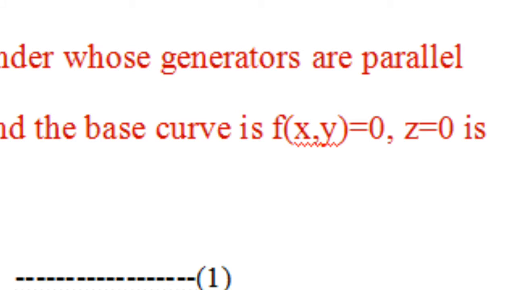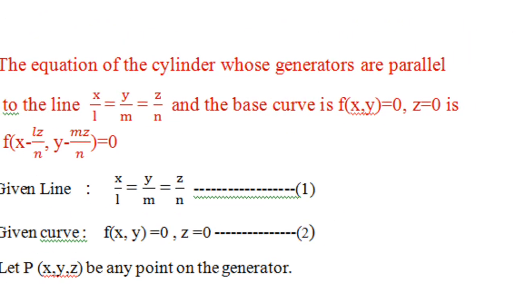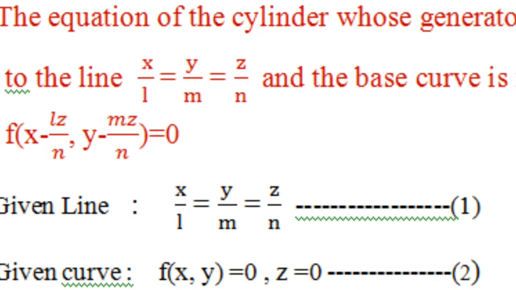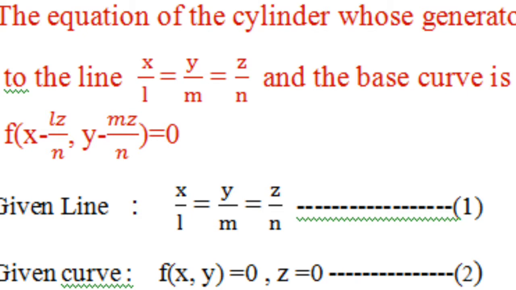You have to show that the equation of the cylinder is f of x minus l z by n comma y minus m z by n equal to 0.